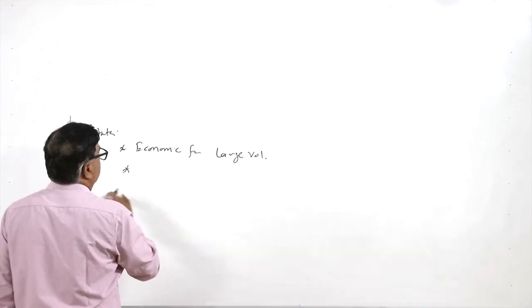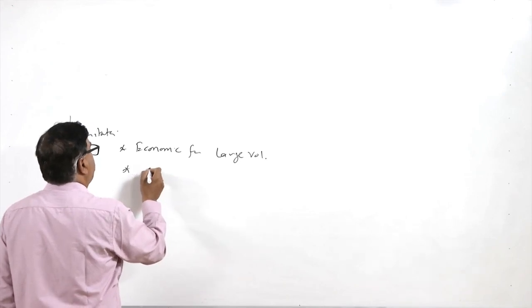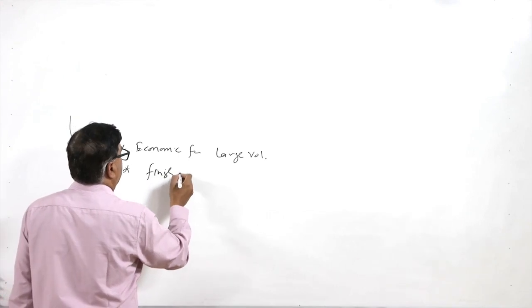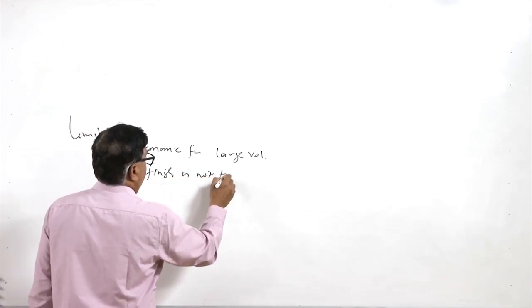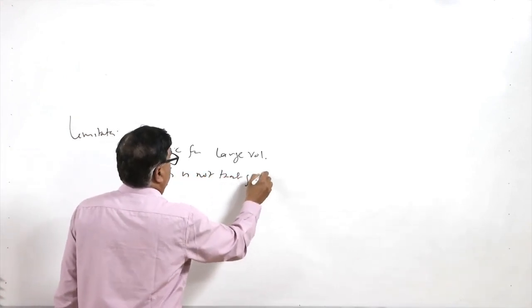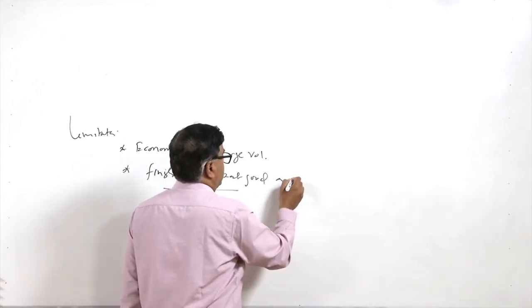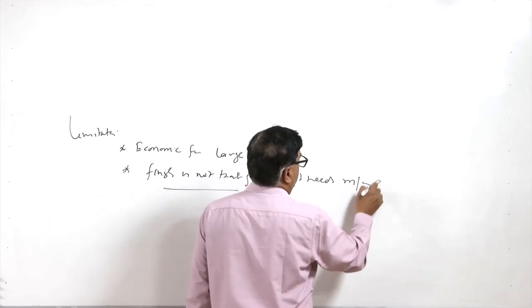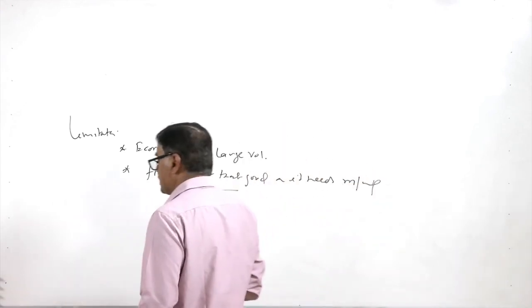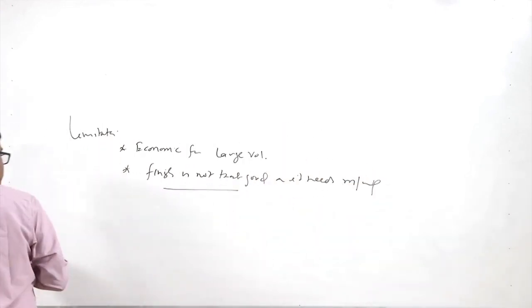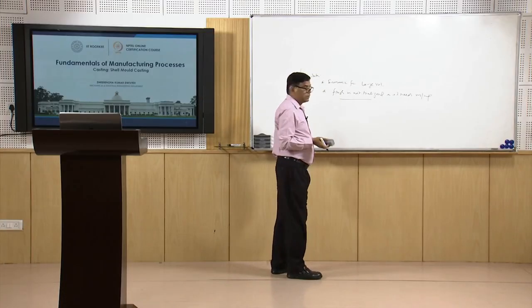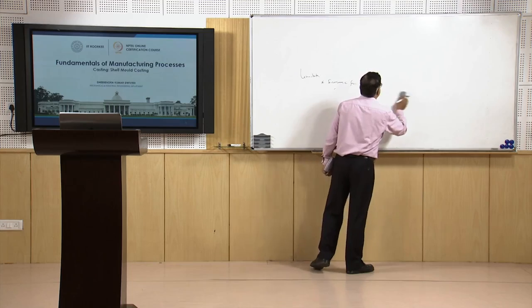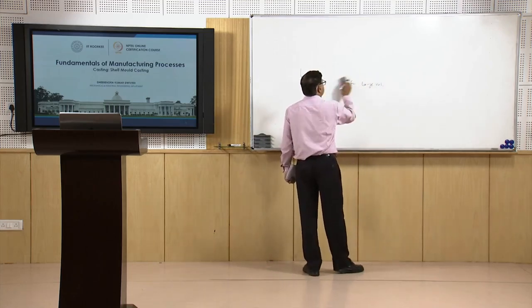Then another limitation is that the finish is not that good and needs machining. So, the components produced by this cannot directly be put into use, especially when close control over the dimensions and the surface finish is needed.